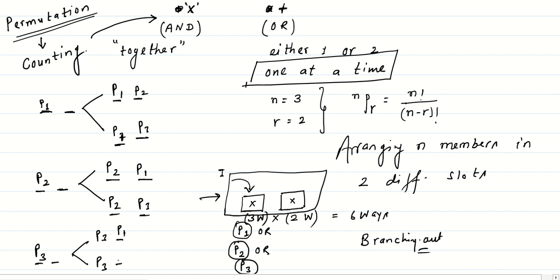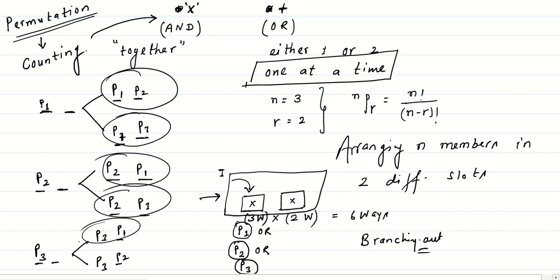Makes sense? So how many ways altogether? 1, 2, 3, 4, 5, 6.